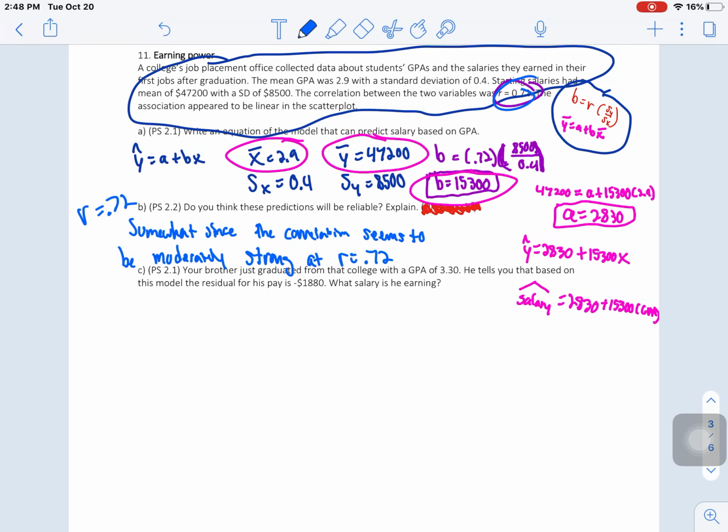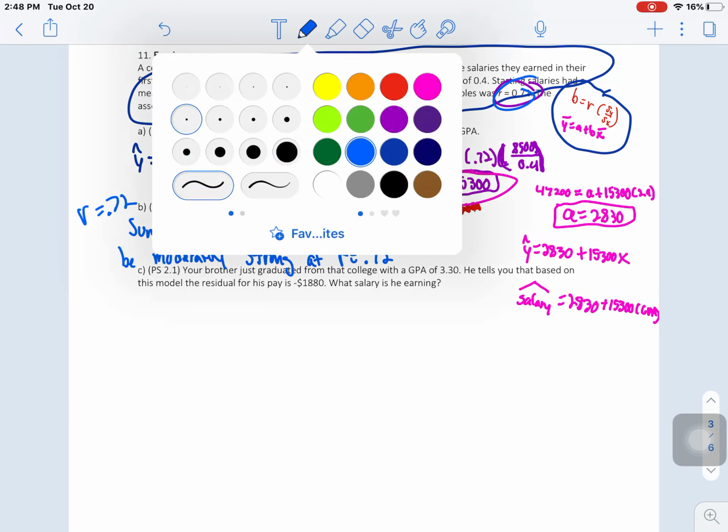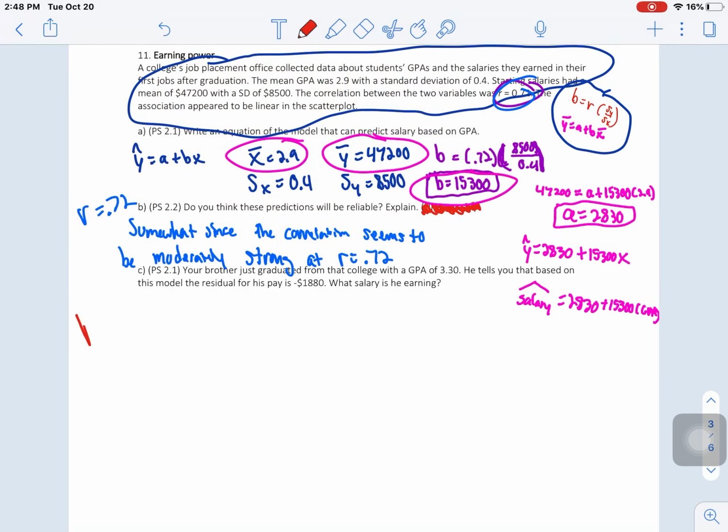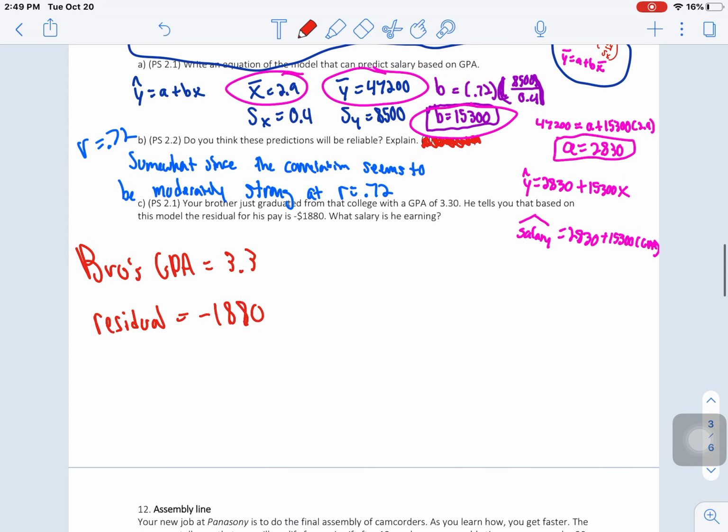All right, and then letter C says your brother just graduated from college with a GPA of 3.3. He tells you that based on this model, he has a residual of negative 1880. So what salary is he earning?